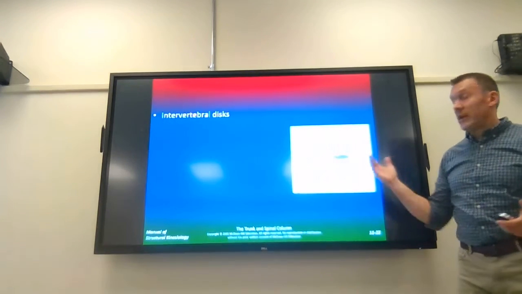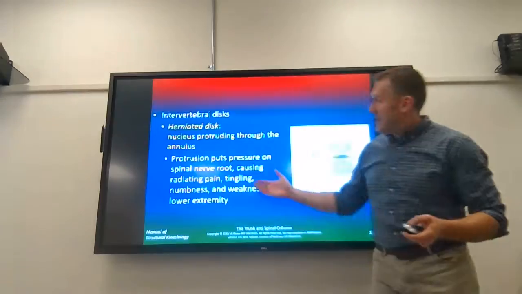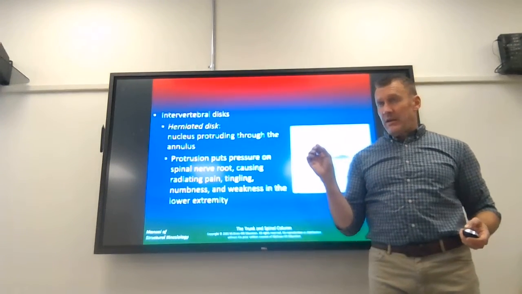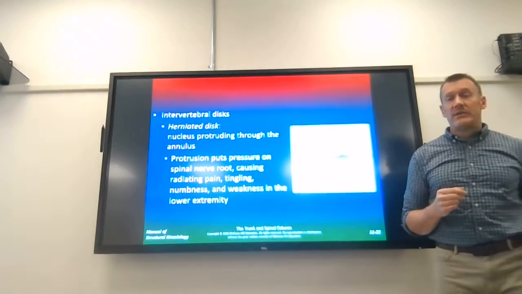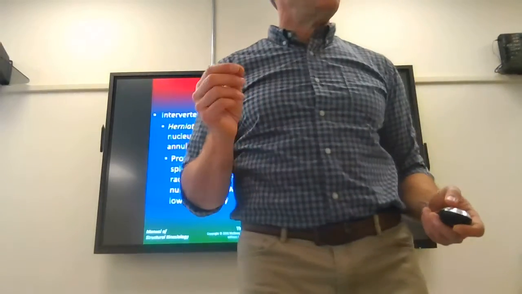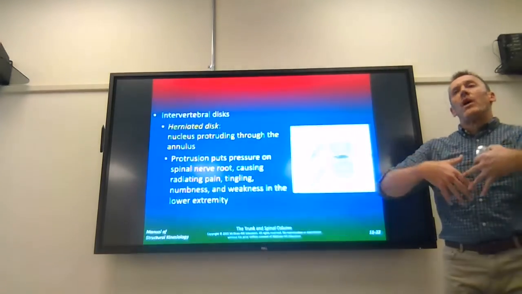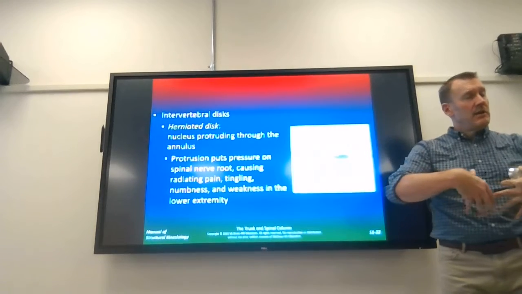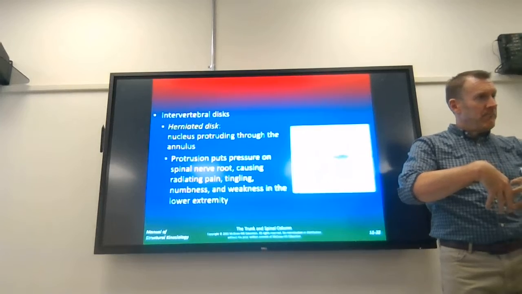Over time that can create a problem: pain, numbness, tingling, weakness in those muscles, because those muscles are innervated by these spinal nerves. In order for a muscle to stay healthy, it has to have that neural connection. So all the more reason why having good muscular endurance in these muscles that surround the torso is so important.